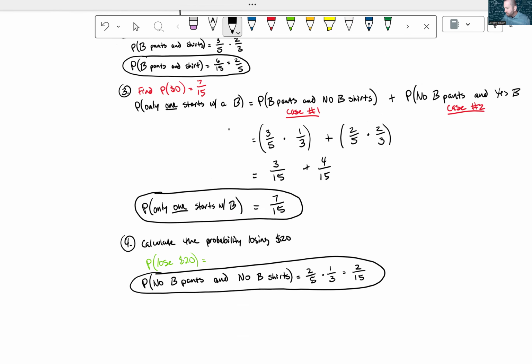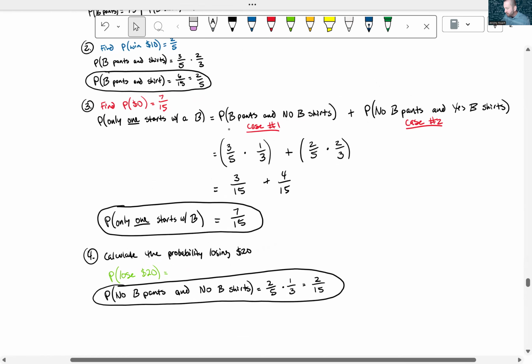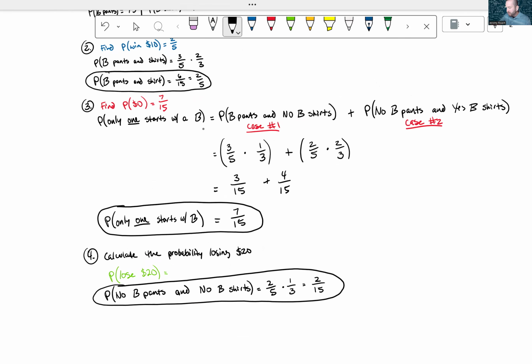Now we should be able to just get that 2/15 by using the complement rule from our first two. 6/15 plus 7/15 gives us 13/15. And then if we add those 2/15, we should be able to get this last answer of the probability of losing $20. So if that saves you some time, you can always do the complement rule for the last bit of these problems.